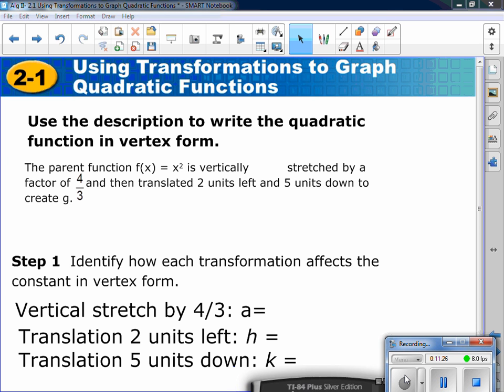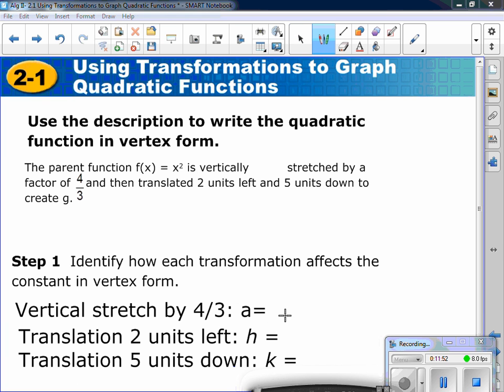So we have our parent function x squared, vertically stretched by a factor of 4/3, and then translated 2 units to the left and 5 units down. Remember that the vertical stretches or compressions are a, the horizontal translations are h, the vertical translations are k.